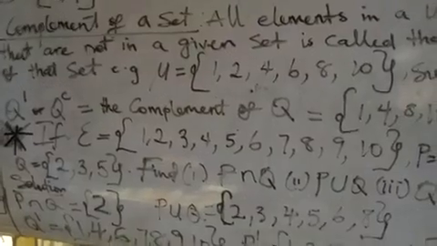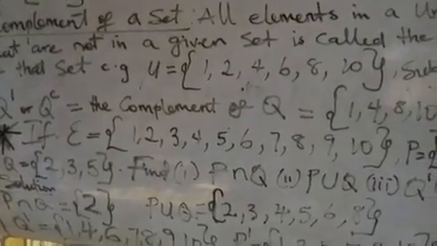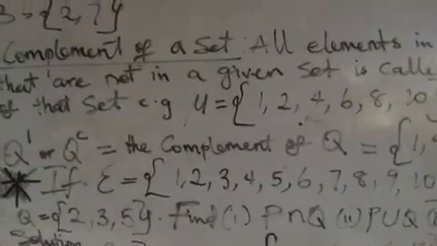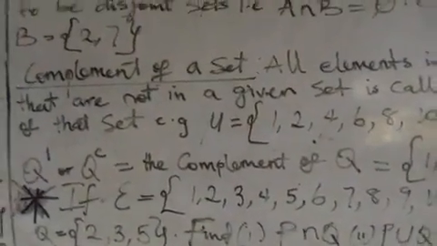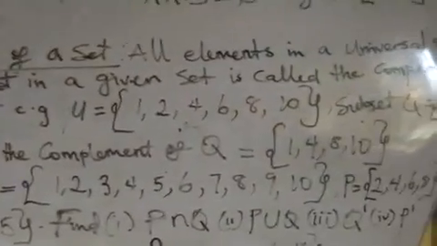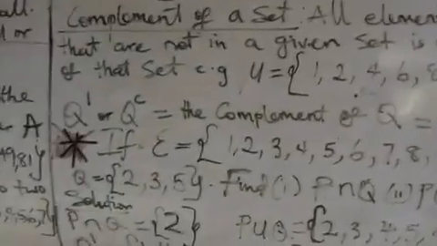They ask us to find P intersection Q, P union Q, the complement of Q, and the complement of P. I think with the explanation done before, you should be able to do these questions. So let's go solve it.